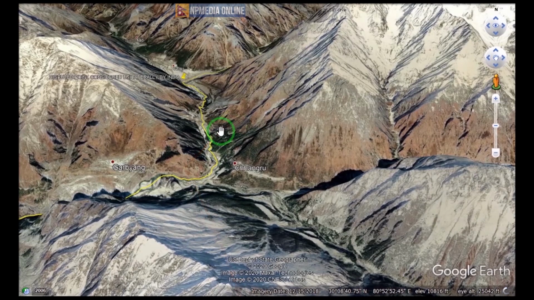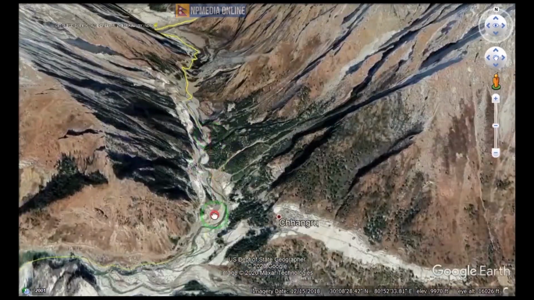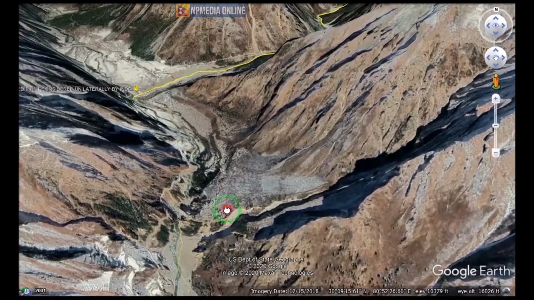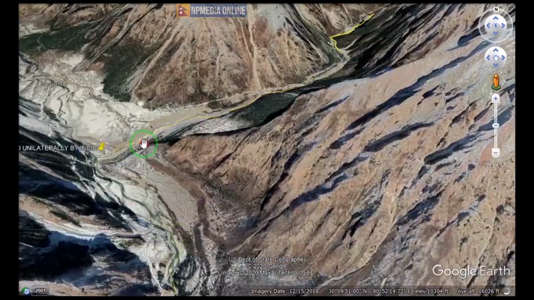Following the yellow line, we are now reaching nearby the place where the dispute is created unilaterally by India.